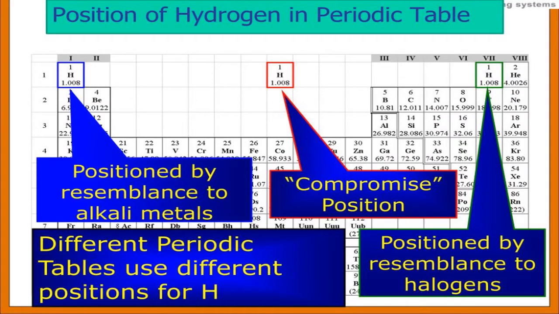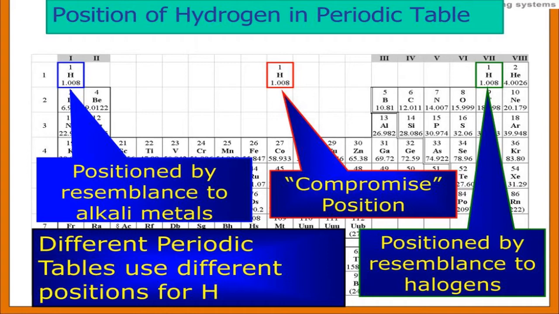Now, the position of hydrogen in the periodic table. Till now its position on the modern periodic table is not fully justified, because its atomic number is 1. If one electron is lost, it becomes H plus, a proton.